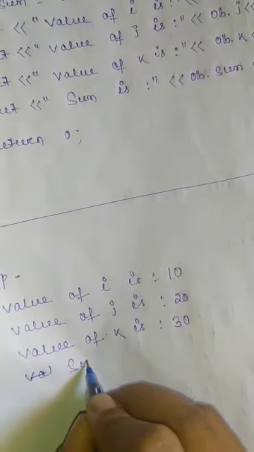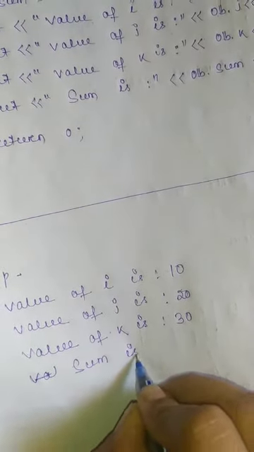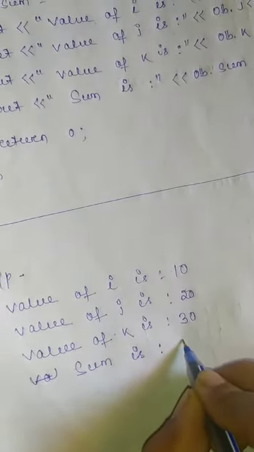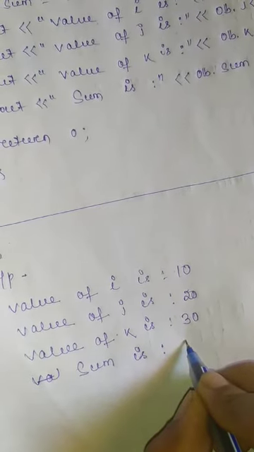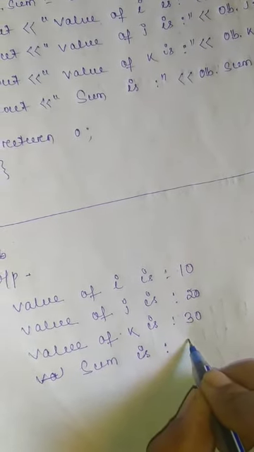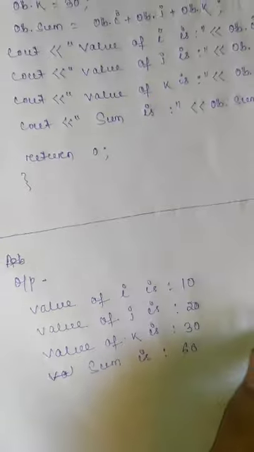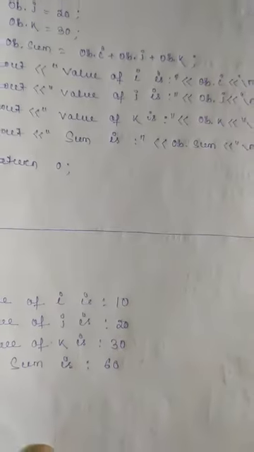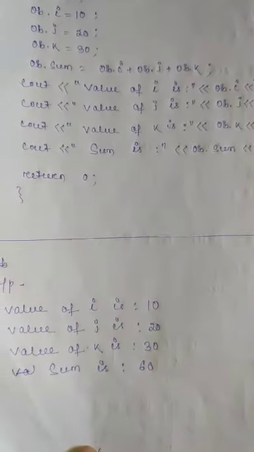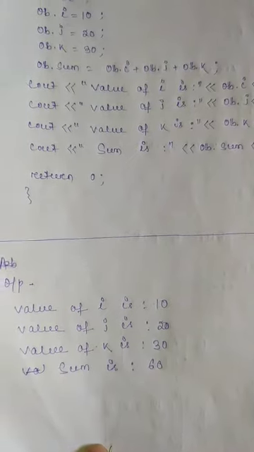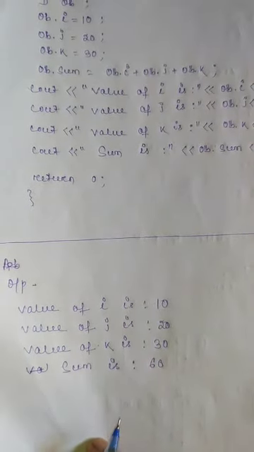And its sum is 10 plus 20 plus 30, which is 60. This will be the output for this program.